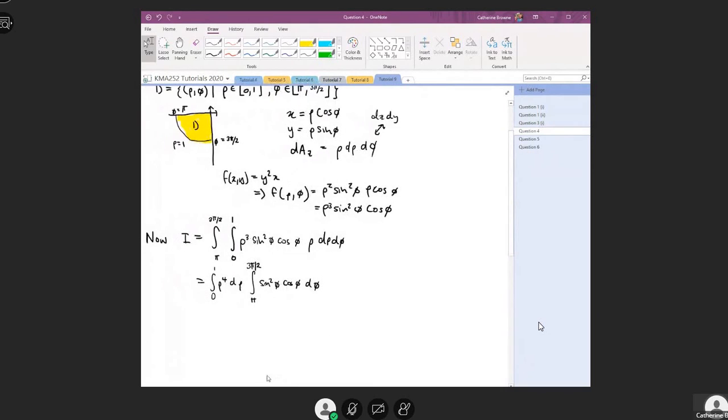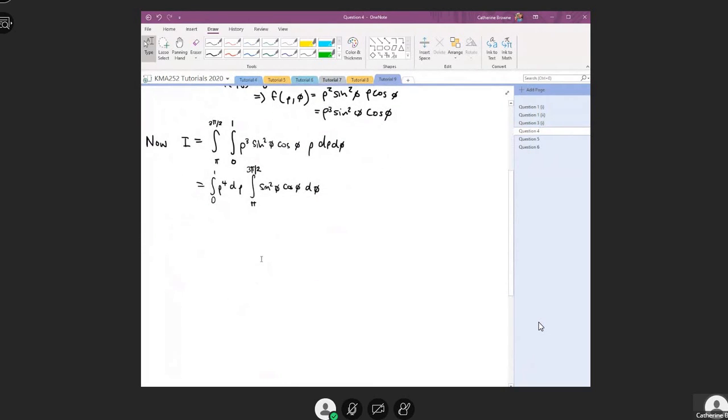Does anyone have any questions about this so far? So, just another polynomial. It's pretty easy. And then in my case, we can see that sine squared phi cos phi, if we integrate it, is sine cubed over 3.